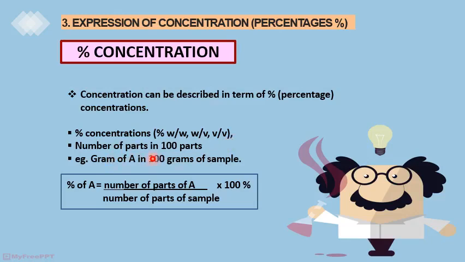So number of parts in 100 parts. For example, gram of A in 100 grams of sample. So the formula: percent of A equal to number of parts of A over number of parts of sample times 100.